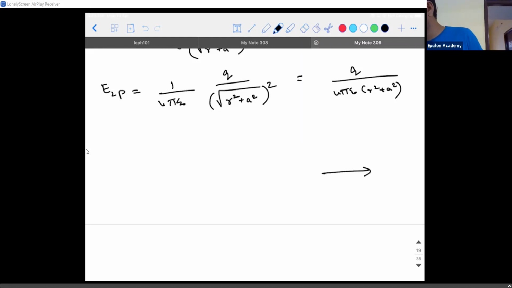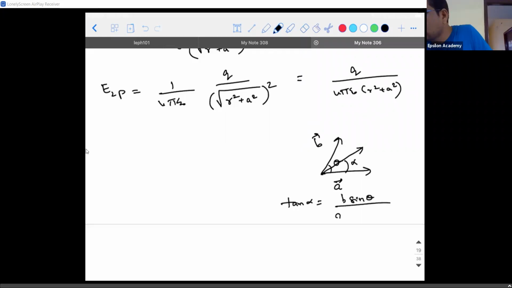That is, if one vector is a vector and the other vector is b vector making an angle theta, then the resultant will be a diagonal, and the diagonal might make an angle alpha with the a vector. Then tan alpha is given as b sin theta divided by a plus b cos theta. I hope you know this.